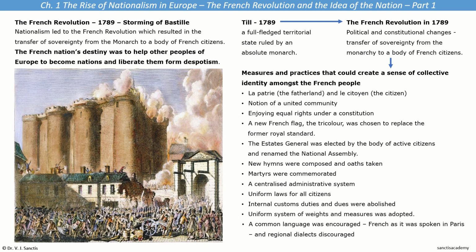Martyrs were commemorated. A centralized administrative system was put in place. Uniform laws for all citizens. Internal customs, duties, and dues were abolished. Uniform system of weights and measures was adopted. A common language was encouraged. This is French as it was spoken in Paris, and regional dialects were discouraged.